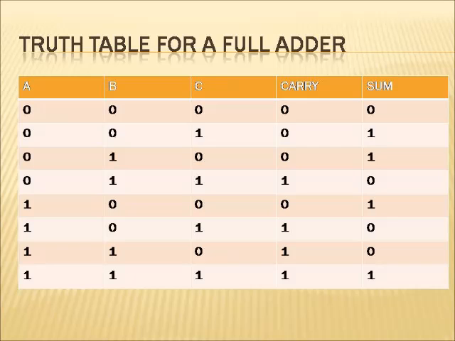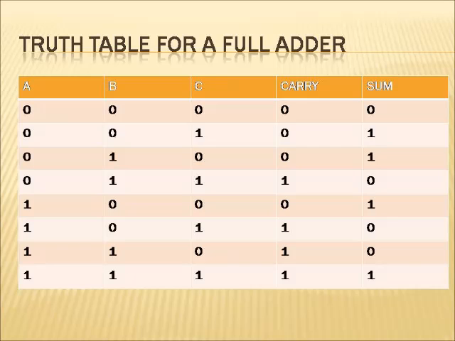Our next values are A is 0, B is 1 and C is 1. When we perform 0 plus 1 plus 1, 0 plus 1 is 1, 1 plus 1 is 10. So when it is 10, we put the 0 in the sum and 1 in the carry.